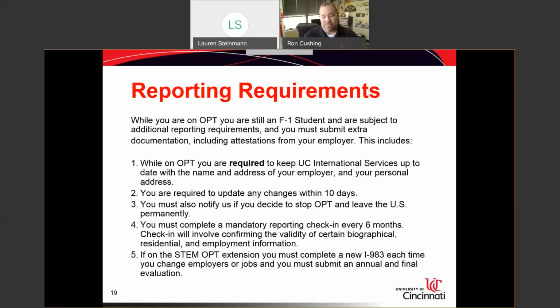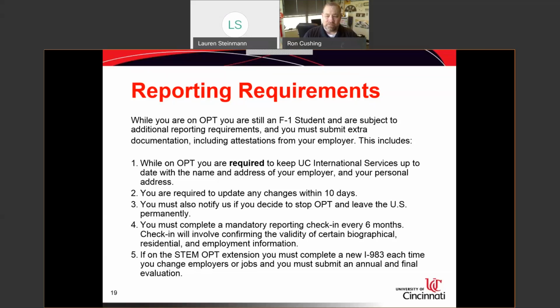Once you get on the STEM OPT extension, in addition, you have to report to us every 6 months. Every 6 months, you have to tell us, I'm still here, I'm still employed, nothing has changed. Or if something has changed, you have to complete a new I-983 training plan. And I'll talk about that in a second.